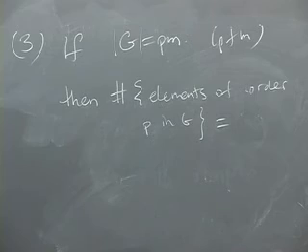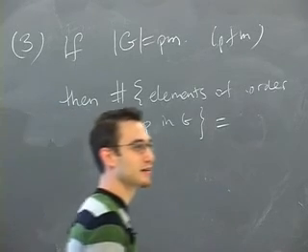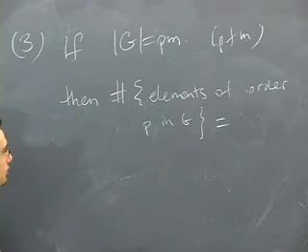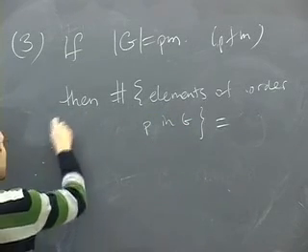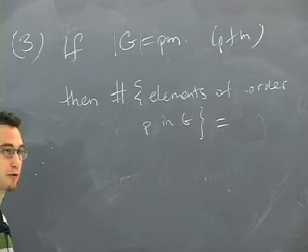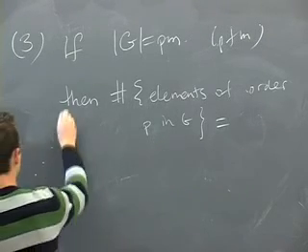How many elements of order p are there? So remember, if I have an element of order p, then it generates some cyclic subgroup. Now, it's a Sylow p subgroup. Now, all of these are conjugate.